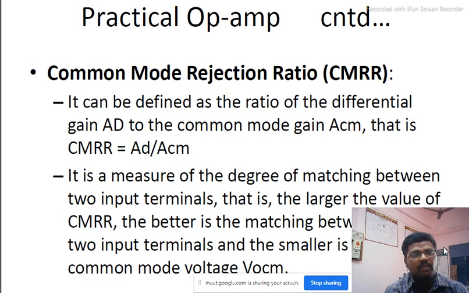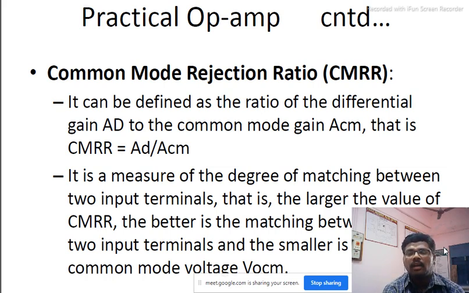The ratio between differential gain and common mode gain is called the common mode rejection ratio, that is CMRR. Therefore, it is a measure of the degree of matching between the two input terminals.